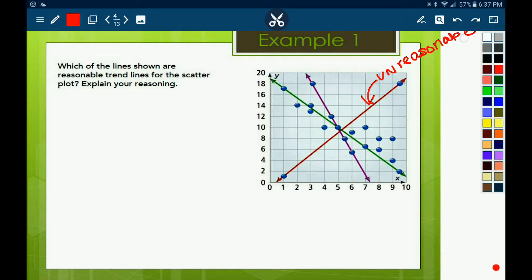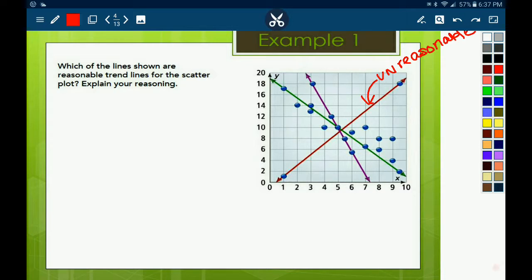Mainly because it's what I was talking about before, where it splits the points evenly with the same amount above and below, but you get this line that's not actually following any of the points. In fact, I see 2 points that line has on it, but those seem like they're outliers. Those points aren't following along the same path that the other points are following along. So I wouldn't use those 2 points in order to create a trend line. That trend line doesn't look like it's showing the path that the points are following.